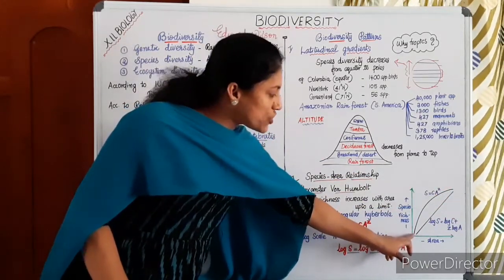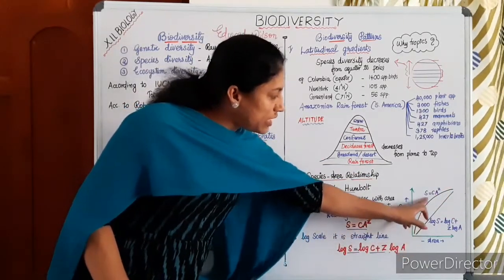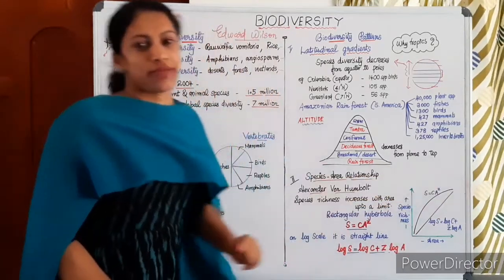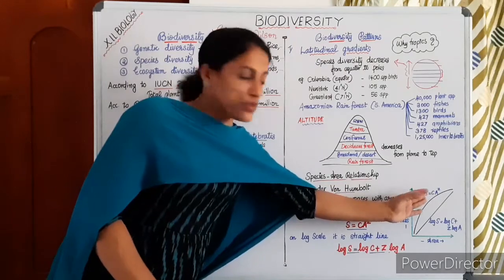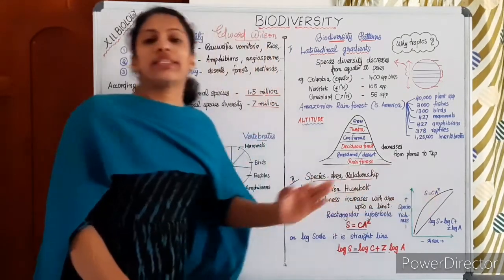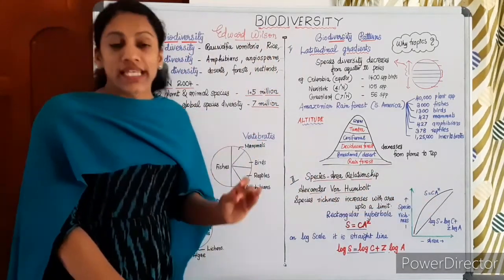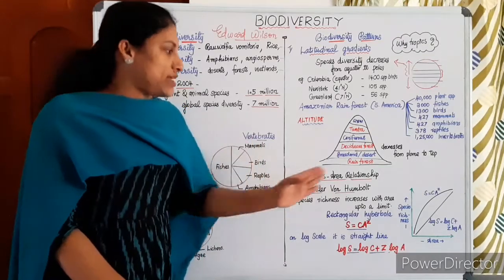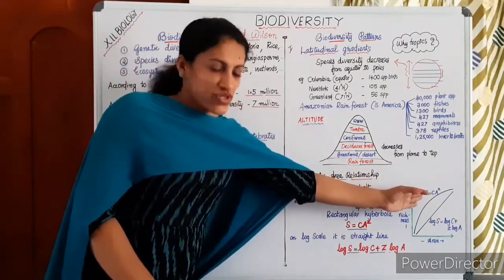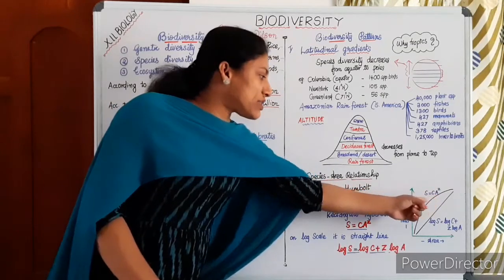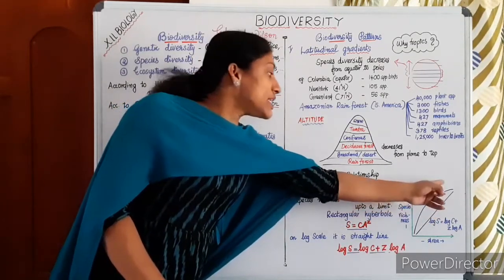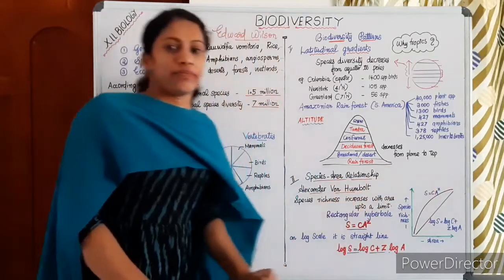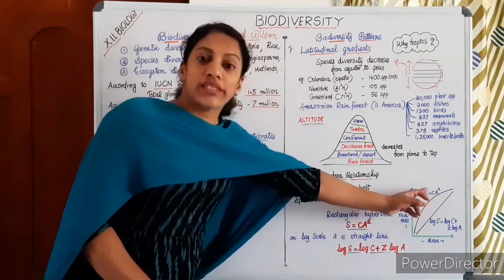He has given the equation: S is equal to C A raised to Z, where S is species richness, C is the y-intercept, A is the area, and Z is the slope of the line.